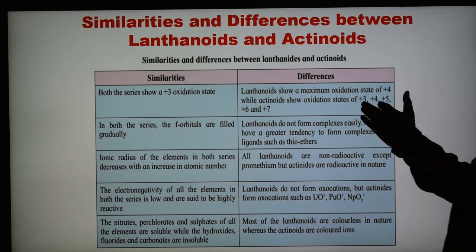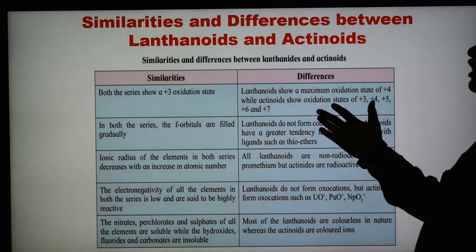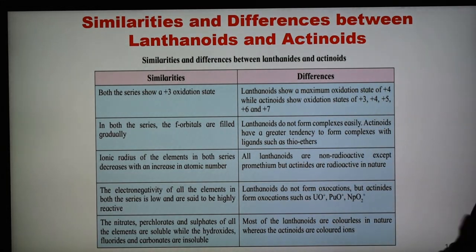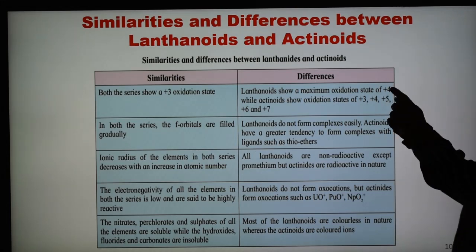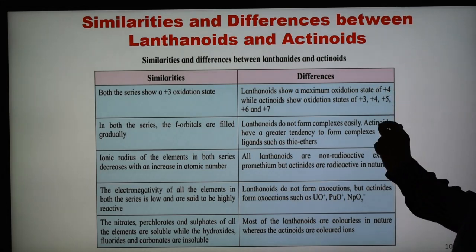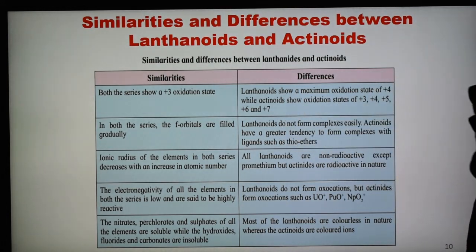So see, variable oxidation states shown. As we have seen, actinide elements show variable oxidation state as compared to the lanthanide, because lanthanide show common oxidation state +3, and in addition to that some elements show +2 and +4. So this is the point of difference. Lanthanide show +4 oxidation state as maximum, and +7 in case of plutonium in the actinide elements.